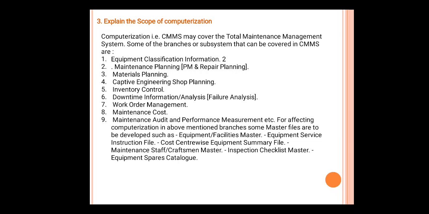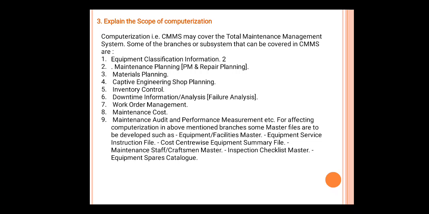Explain the scope of computerization. What is the scope of computerization? We'll see here. Computerization, that is the computer managed maintenance system, may cover the total maintenance management system, which includes all the things that can be carried out by the computer system itself.